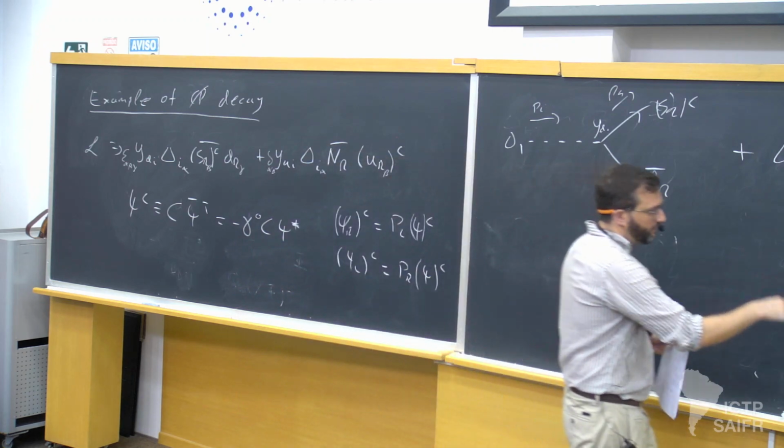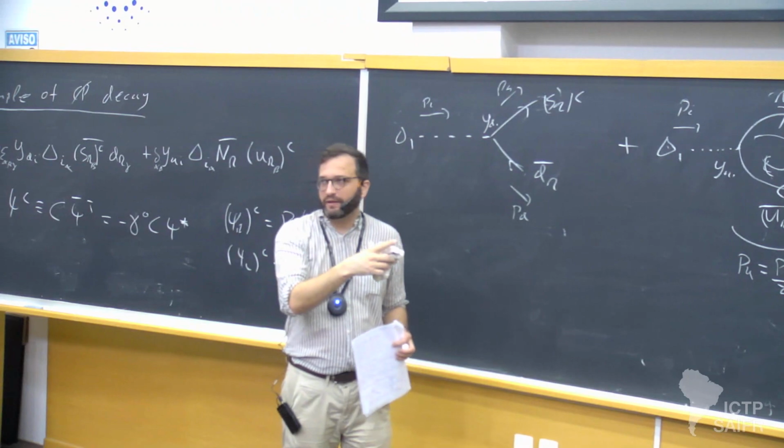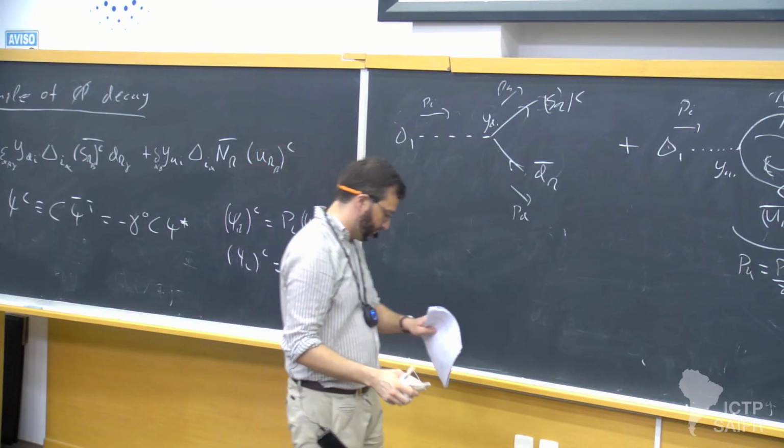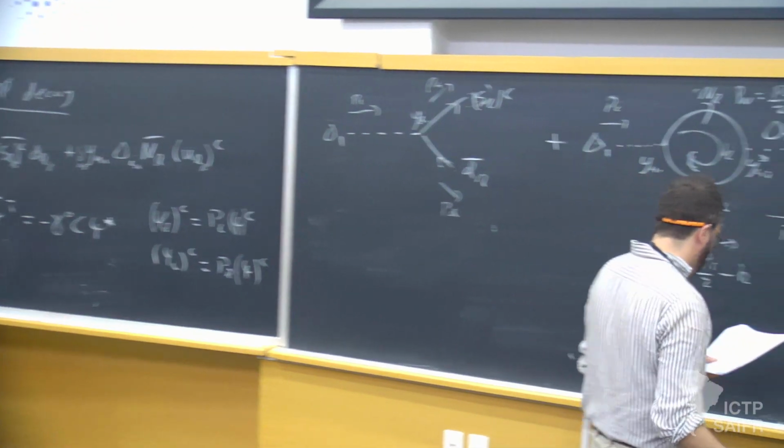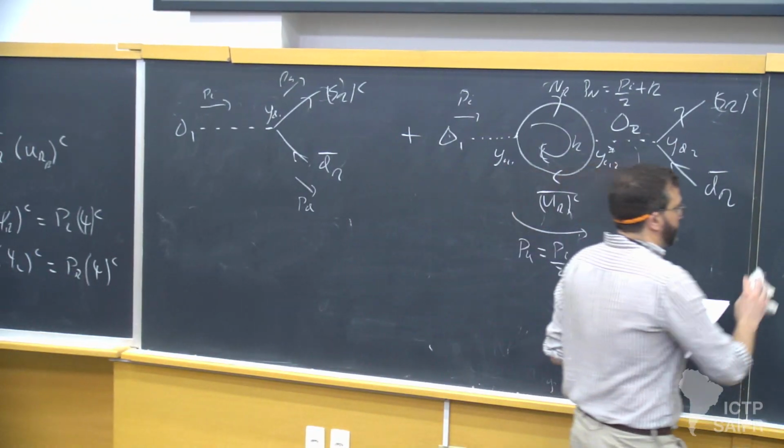So this is sort of similar to one of the loop diagrams we saw from the leptogenesis example yesterday. Okay? So the general structure is as follows.